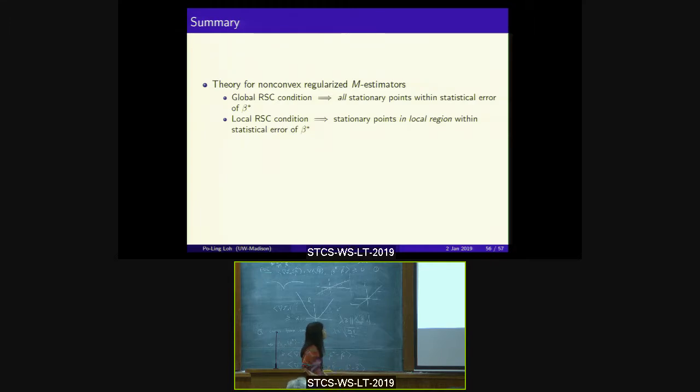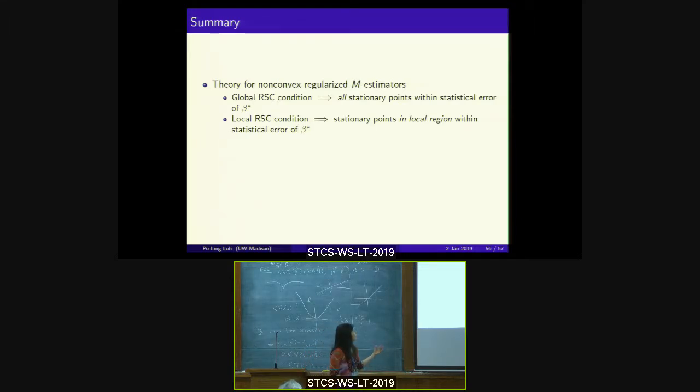So what have I shown in all of this? Well, the first part of this was about this kind of restricted strong convexity condition and how some notion of it can be adapted to non-convex problems to show that local optima of these types of M-estimators are well behaved.